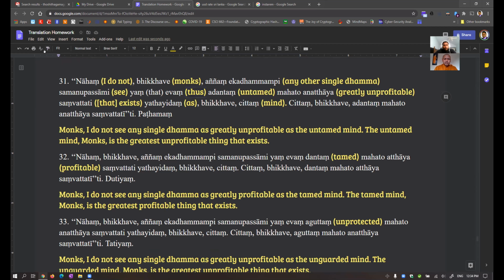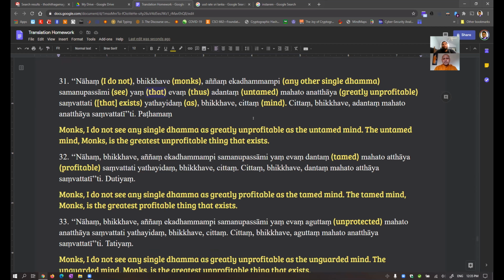Anathaya sangvattati. Greatly detrimental, unprofitable, greatly conducive to. So anathaya has the sense of the dative, for the unprofitability.